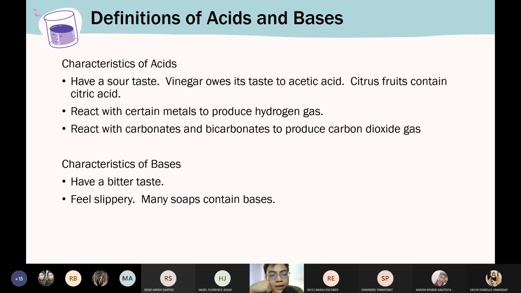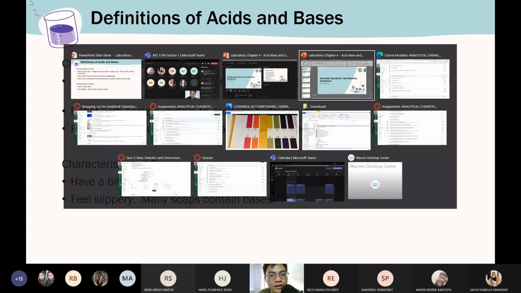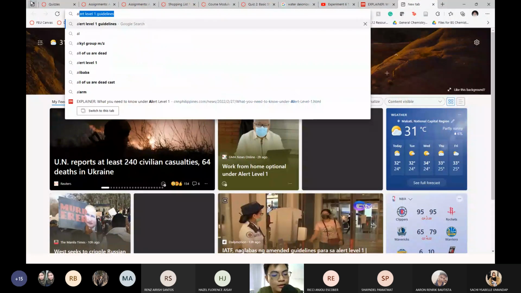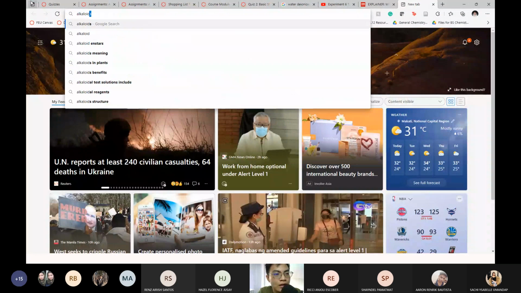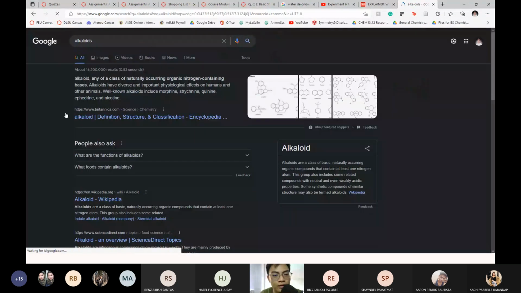So I think familiar naman tayo sa mga characteristic na yan. For bases, they are generally bitter, mga mapapait. Okay? For example, the alkaloids, in plants, familiar ba kayo sa alkaloids? So alkaloid is a phytochemical, okay, that are basic na alkaline alkaloids.